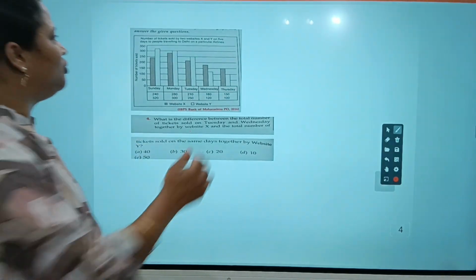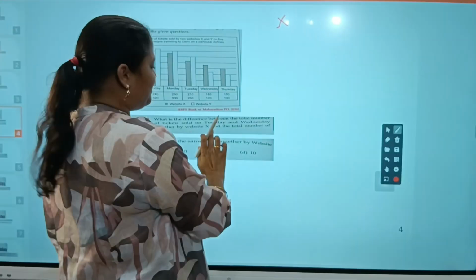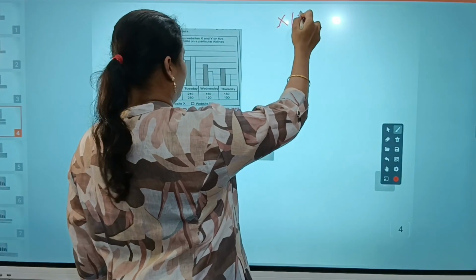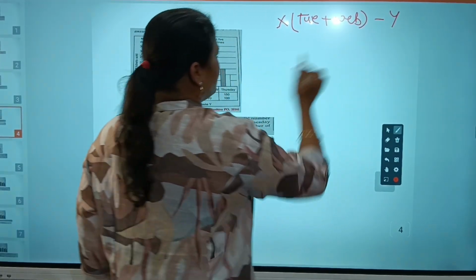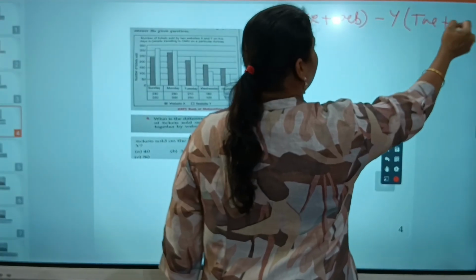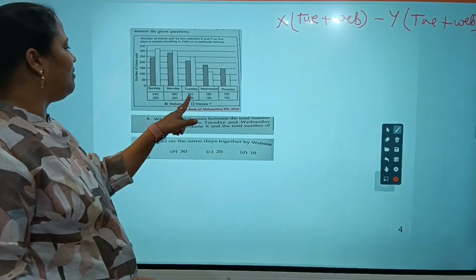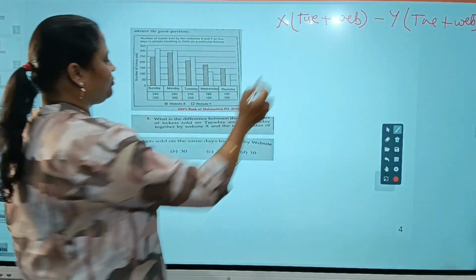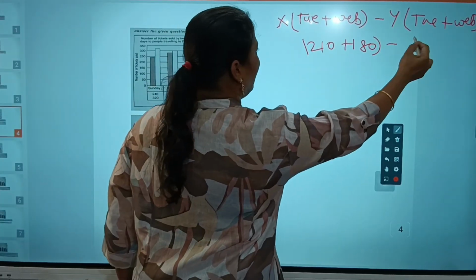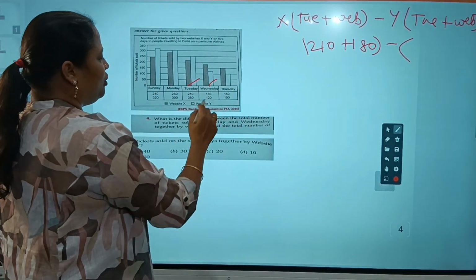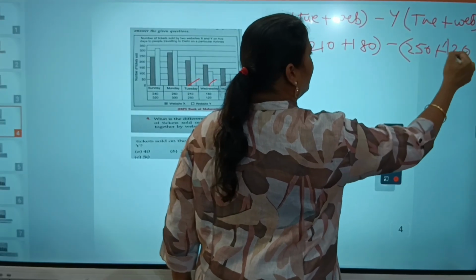Now we have to find out the total number of tickets sold by website X on Tuesday plus Wednesday, minus the difference. How much? Same days' tickets of website Y. So X Tuesday and Wednesday is 210 plus 180, minus Y's Tuesday and Wednesday, 250 plus 120.